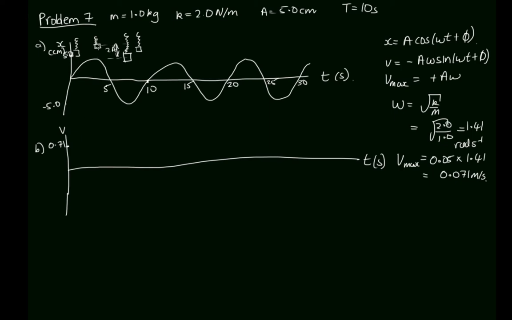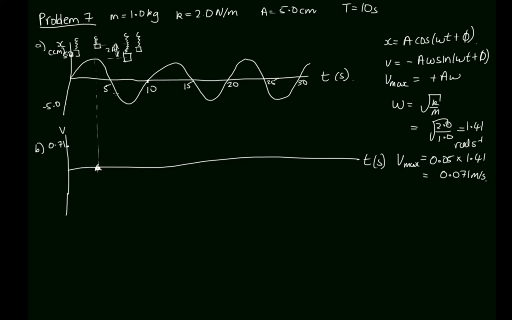And now when it reaches that maximum height, that's when it's changing direction. So if we draw that down here, that's when it's going to be at zero velocity, because it's changing direction, so it's not actually moving in either direction.